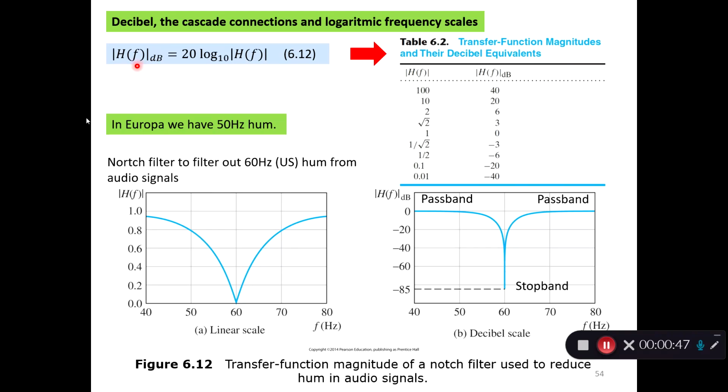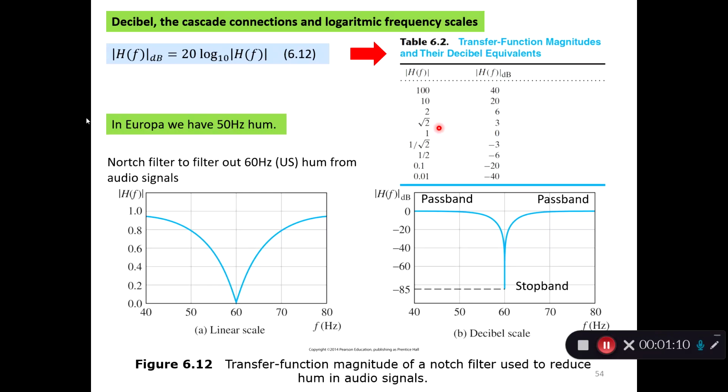Then we have the transfer function value in dB. We can see it here on the transfer function magnitudes and the decibel equivalent. We have the magnitudes here. This is voltage over voltage, so it's a times, and we have it here in dB.